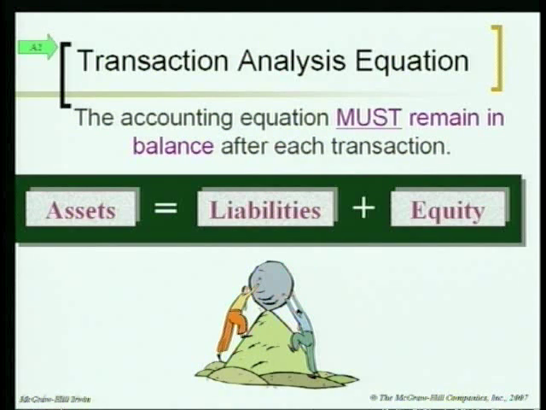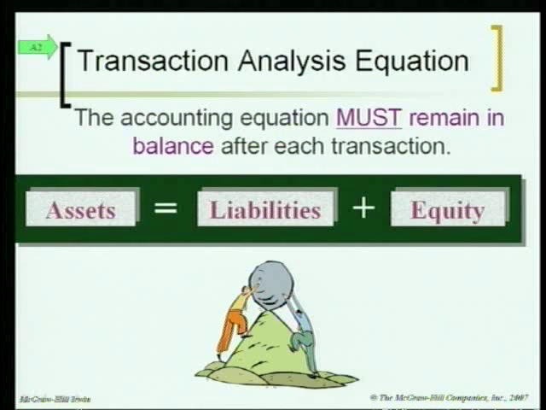is I want to do some transaction analysis. One more time. The accounting equation must remain in balance at all times. Okay? So we're going to go through some transactions here and just show how this accounting equation always stays equal.